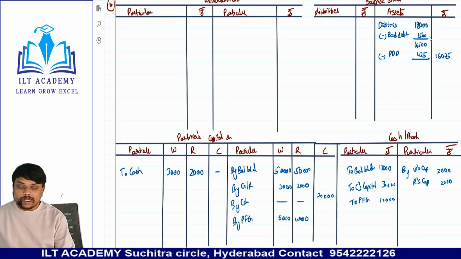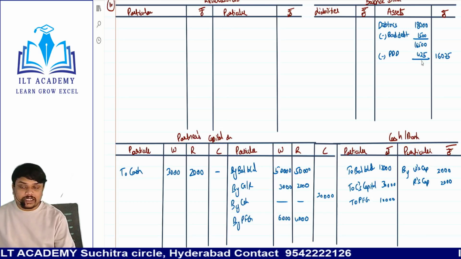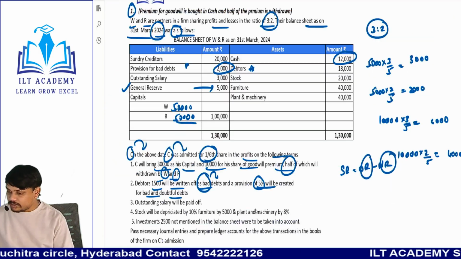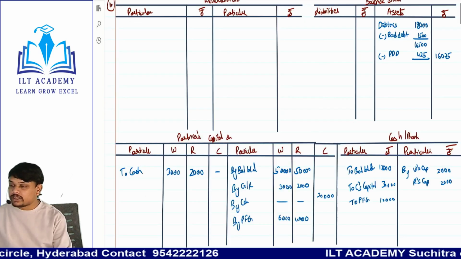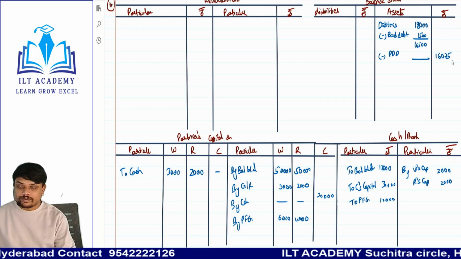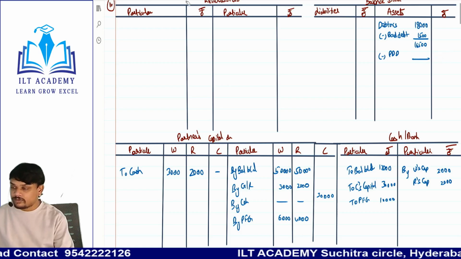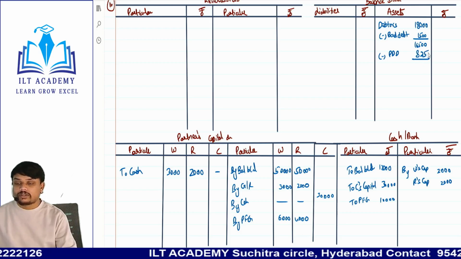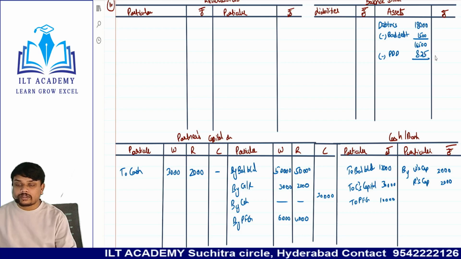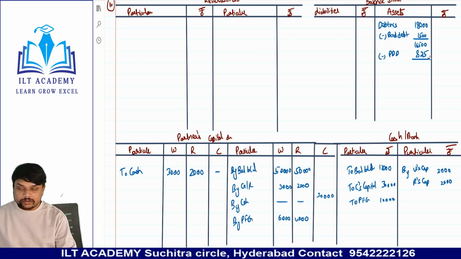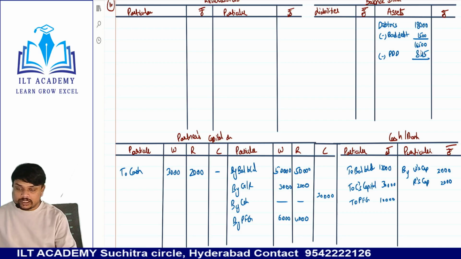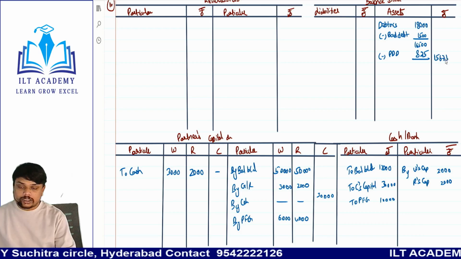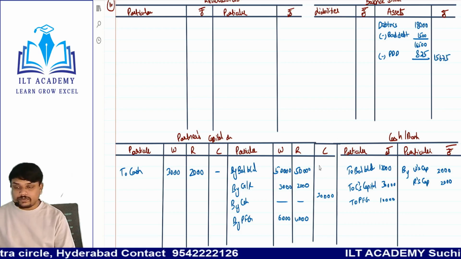So the new bad debts are how much? 1,500, and the provision for doubtful debts, 5%, is 825. When we subtract this, we get 1,675. Got it?